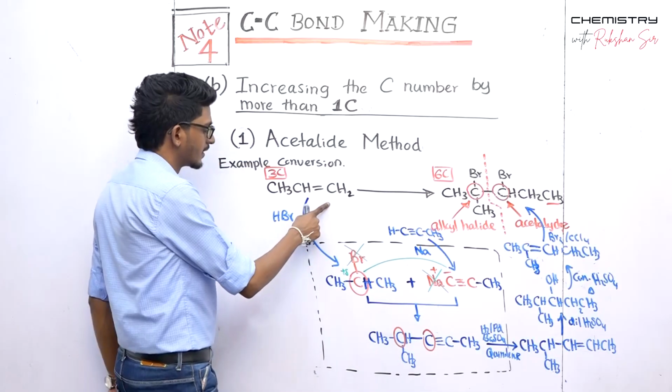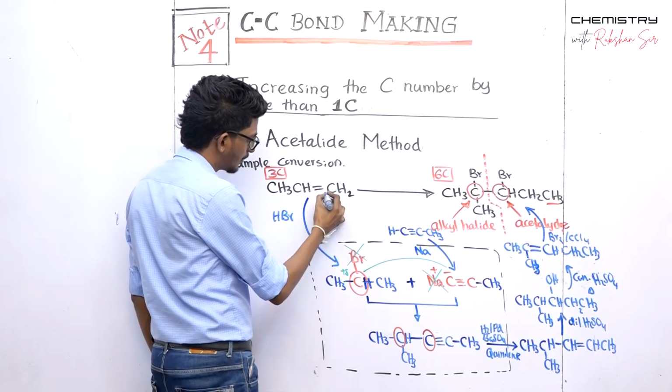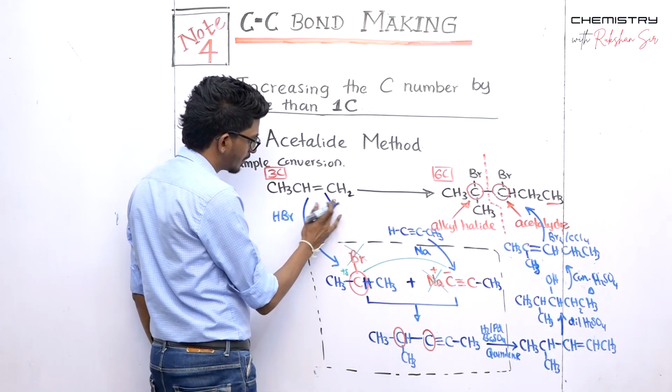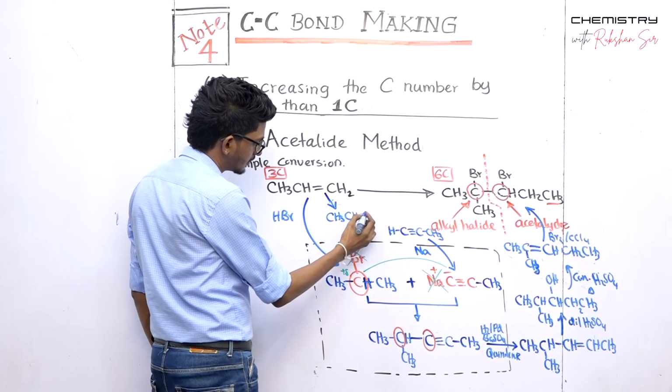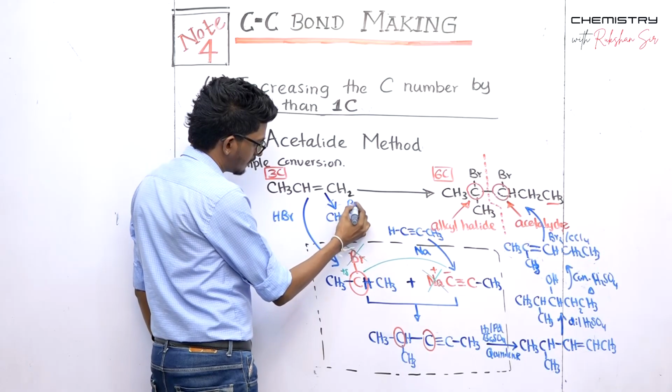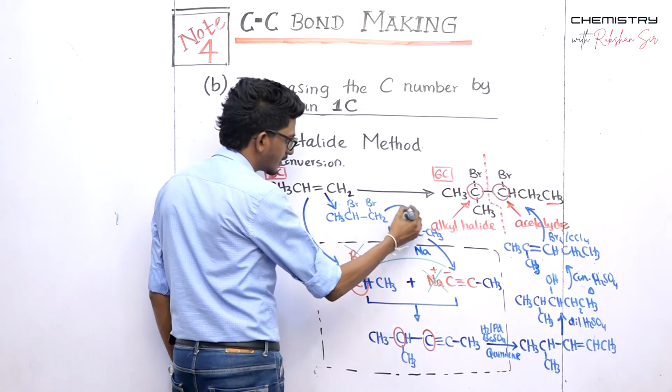So with a double bond, how do you come up with a triple bond? First you need a Br2 addition to the double bond. That is the way of producing the triple bond. First you need to come up with the Br2 addition, and then you can remove 2 HBr molecules from that.